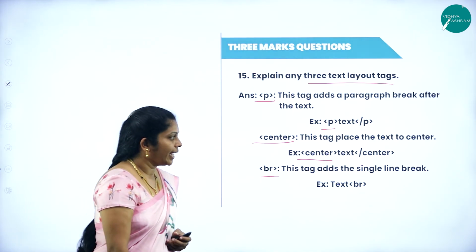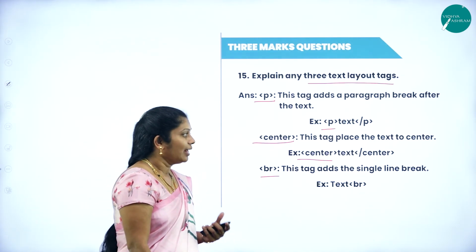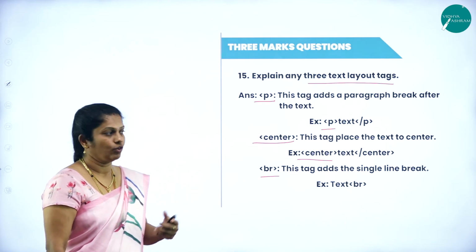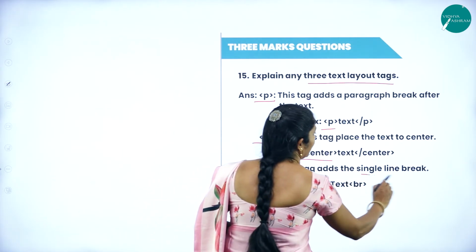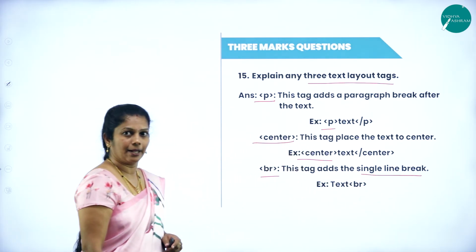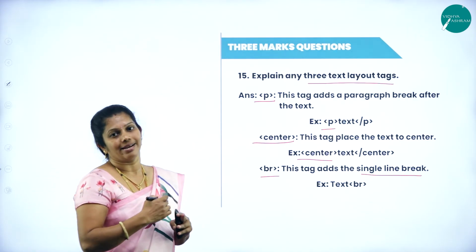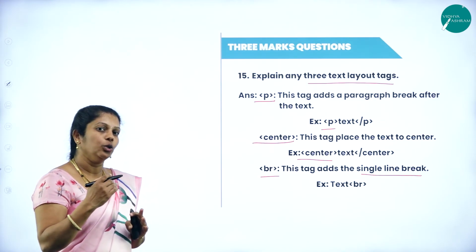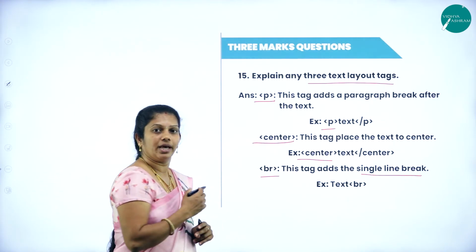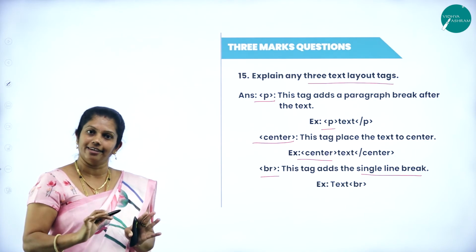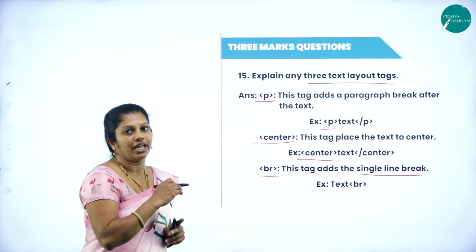The BR tag is used to display a line break here. When you want to do a single line break, then we use this BR tag. This BR tag helps to move the text into the next line. Here, there is no need to close this BR tag, only the opening BR tag is enough. It means that a line break will be performed here.